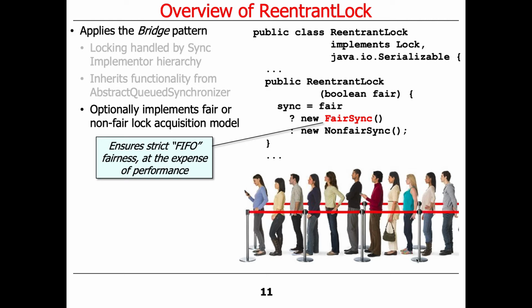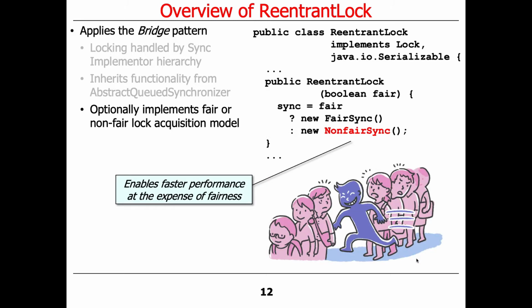That makes it fair, but there is some penalty for that because implementing fairness doesn't come for free. And if you have fair set to false, then it will be non-fair. That makes it more efficient because the implementation can just pick whichever one happens to be the fastest to let go next, but it's not fair.